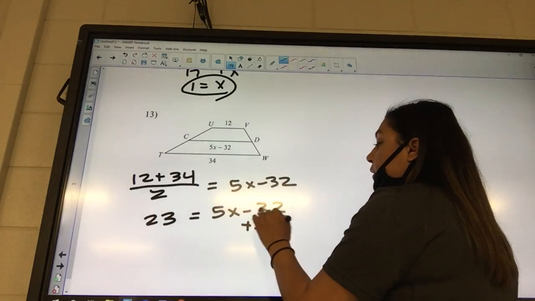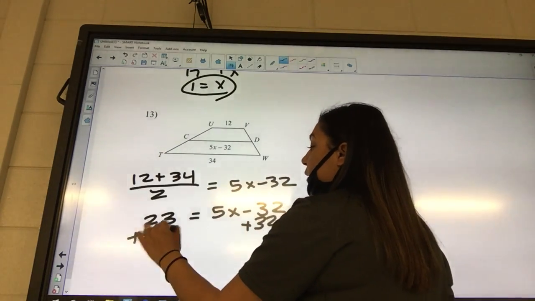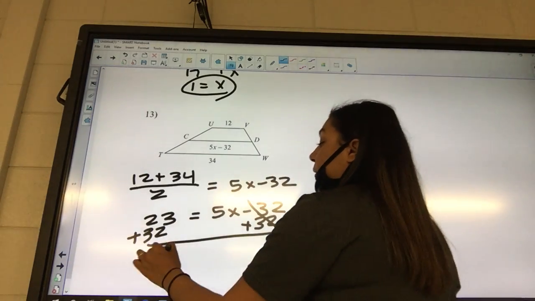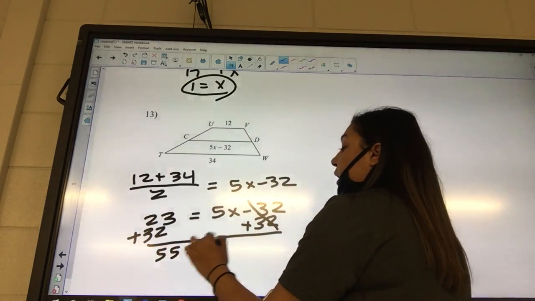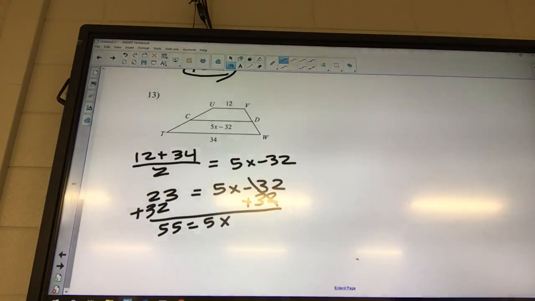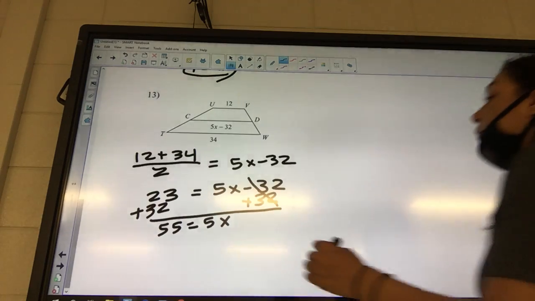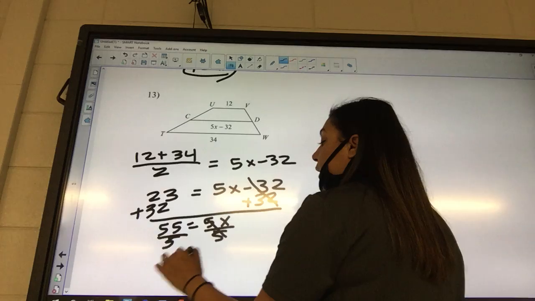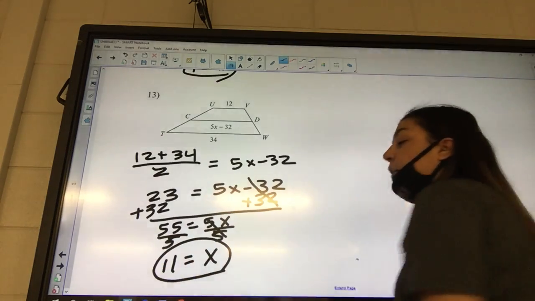So we say plus 32, plus 32. I got 55 equals 5x. And what's our last step? Divide by 5. So I got 11 equals x.